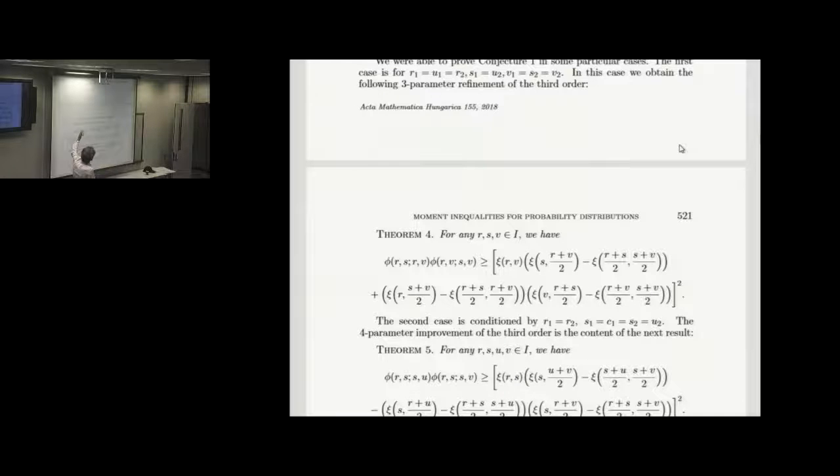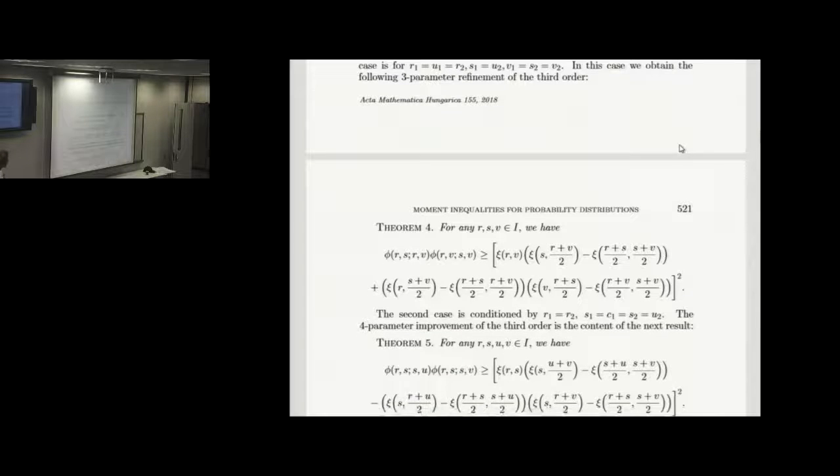Because of those conditions over there, we have only 3 parameters, and this inequality actually took place. It is proved. Another one is this other case, and we have a 4 parameter inequality. So this multiplication is greater than this entity here squared.